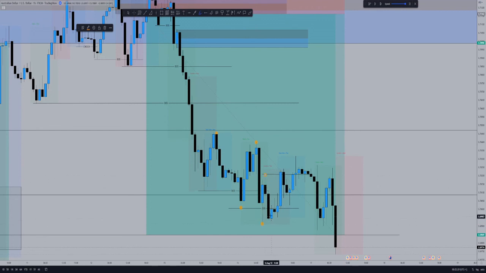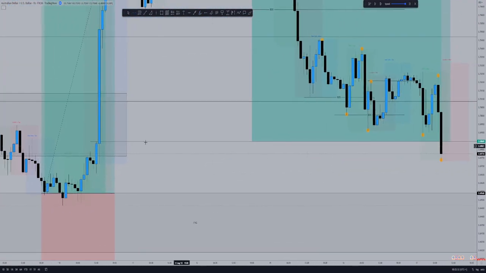We then had a higher low here and a higher high, higher low, higher high, but then price broke structure to the downside, made a new low. We then had a lower high and followed by a lower low, which was our TP and our fair value gap fill.